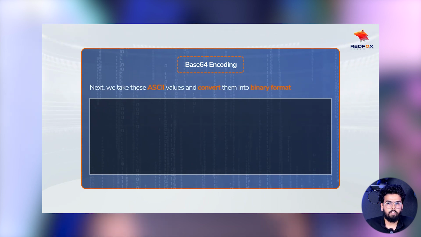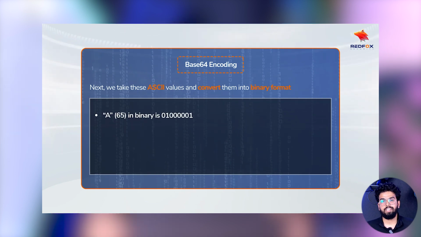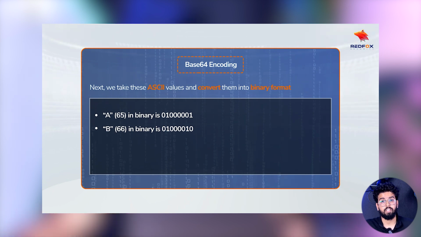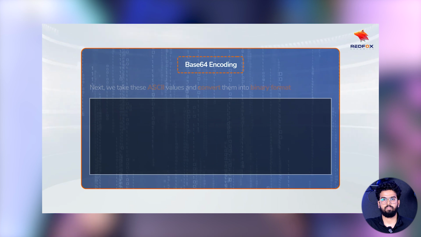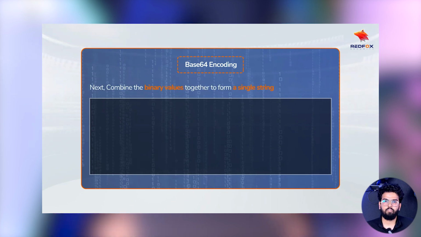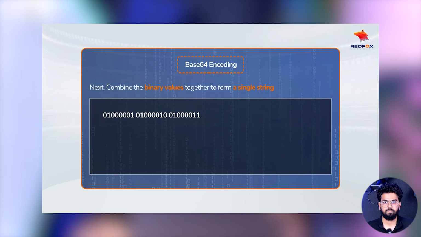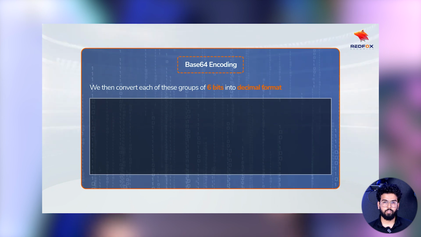Next, we take these ASCII values and convert them into binary format. So A, 65, in binary is as follows, B, 66, in binary is as follows, C, 67, in binary is as follows. Next, combine the binary values together to form a single string. We then convert each of these groups of 6 bits into decimal format.